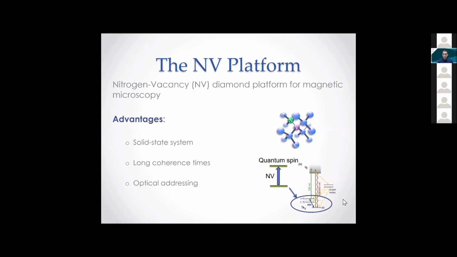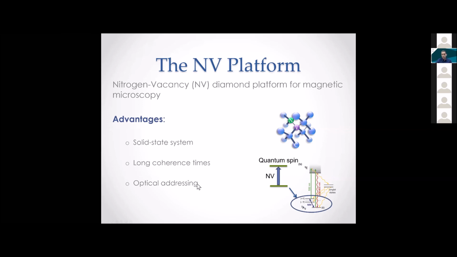And these NVs have long coherence times for their spin degree of freedom. They have a ground state spin triplet, as you can see in the schematic energy diagram shown here. And these long coherence times translate into relatively good magnetic field sensitivity for the measurements that we'd like to perform.